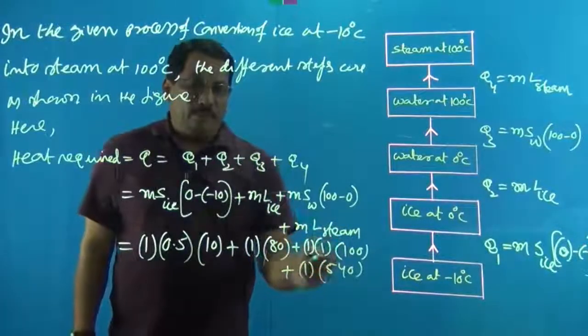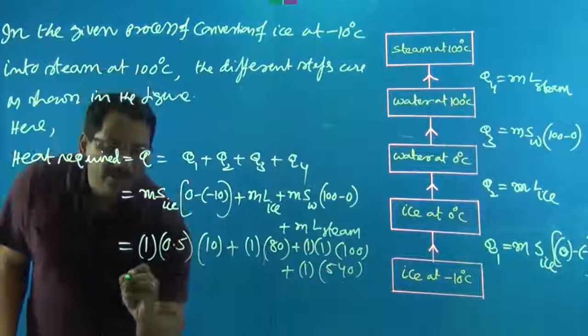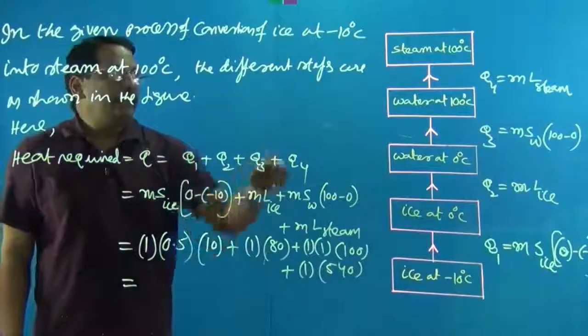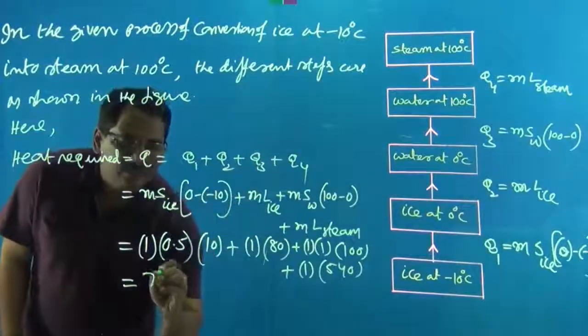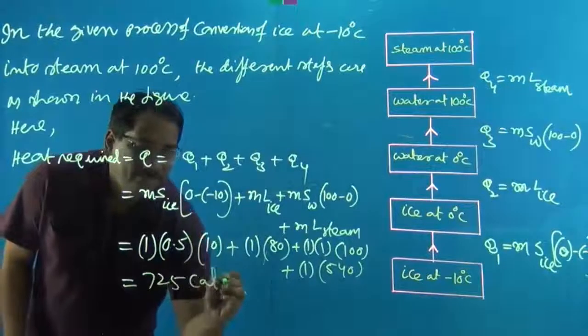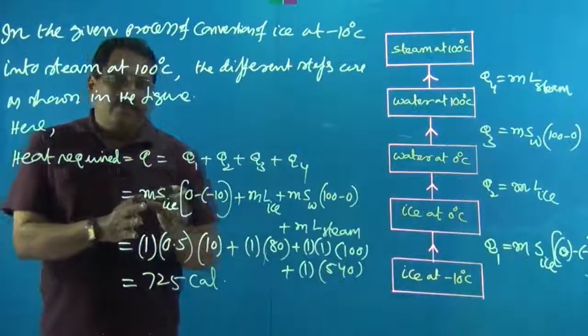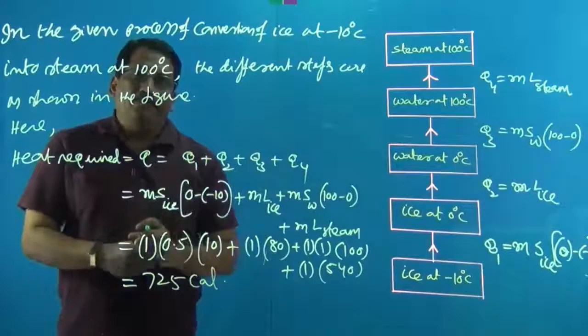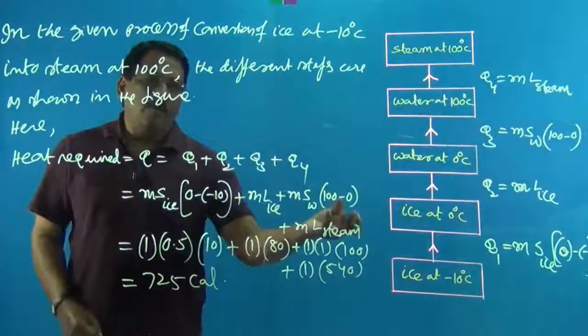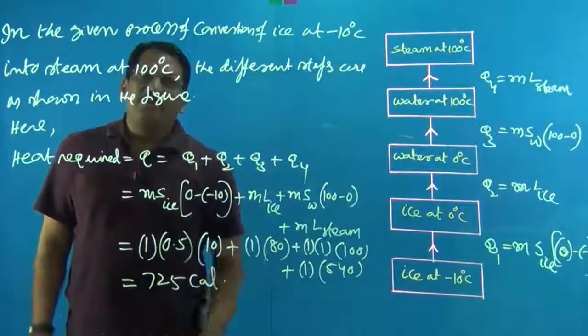So by adding all these values, the value comes to be 725 calories. But it is asked in the form of work done. So the heat absorbed by the process is 725 calories.